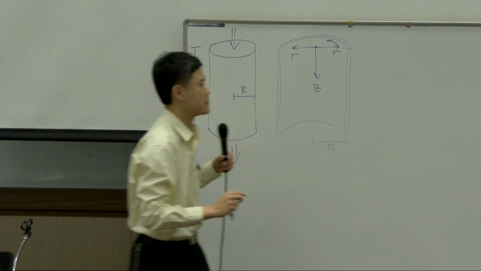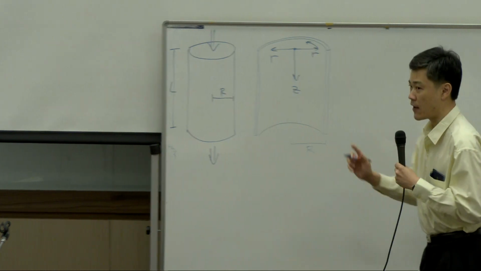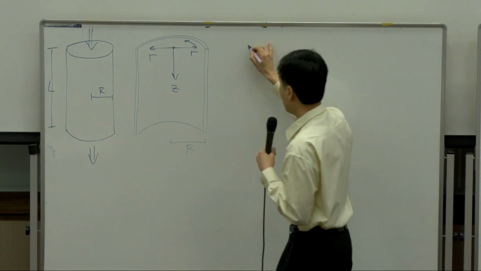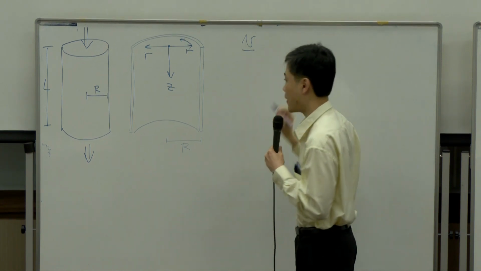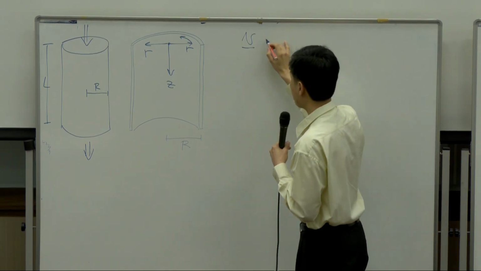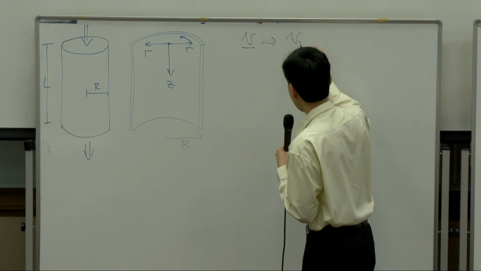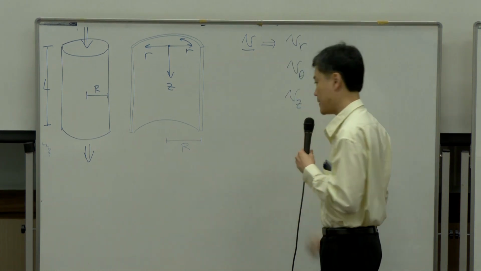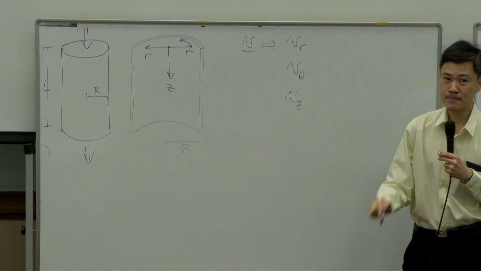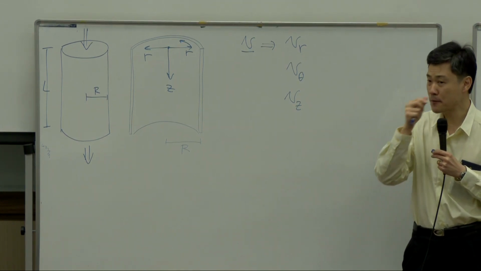Next step, identification of velocity components. We will have three components of velocity. The velocity as a vector can be expanded into vr, v theta, vz. This is an important question.